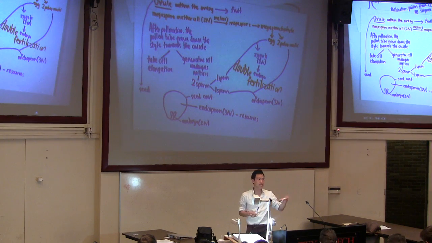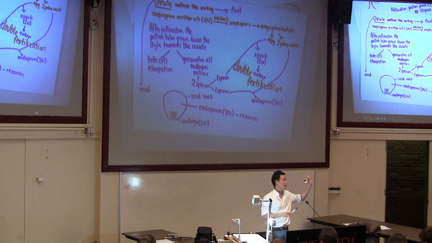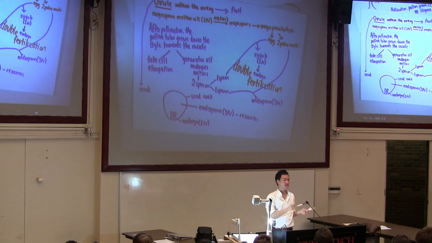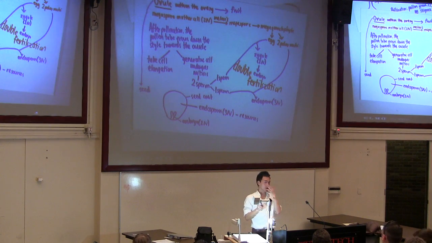So the gametophyte of gymnosperms and angiosperms do not do photosynthesis. Are they multicellular? Yes, so they do aerobic respiration. The sporophyte of gymnosperms and angiosperms, do they do photosynthesis? They do. And they also do aerobic respiration. Right? So keep that in mind as you're going through your studies and questions.